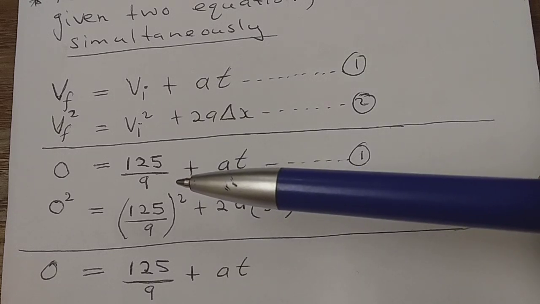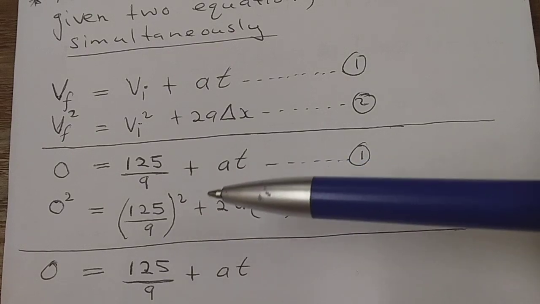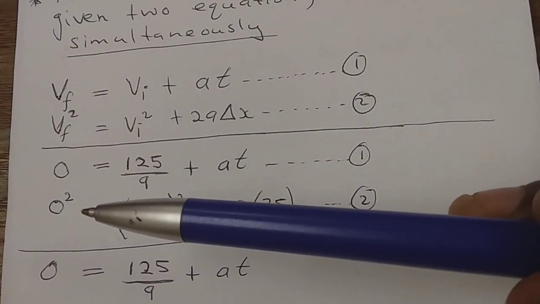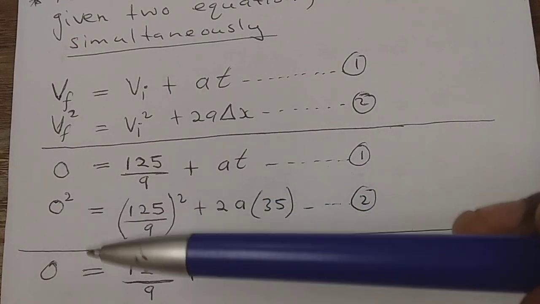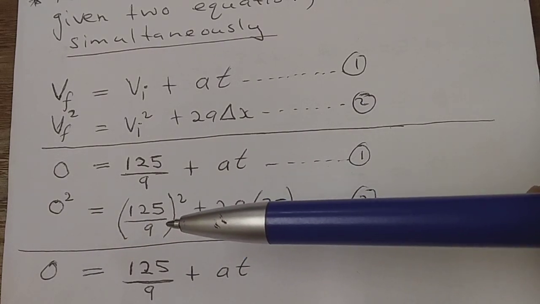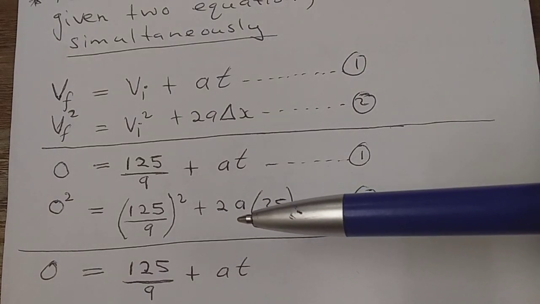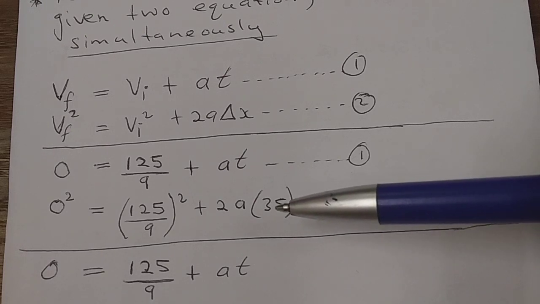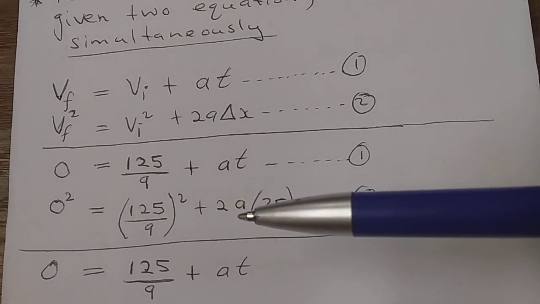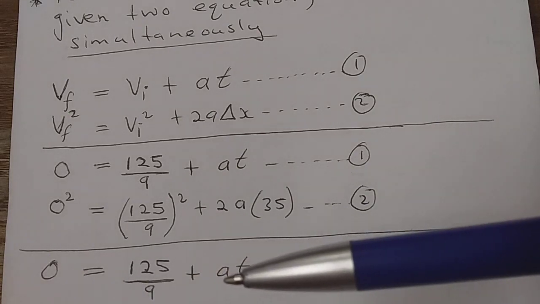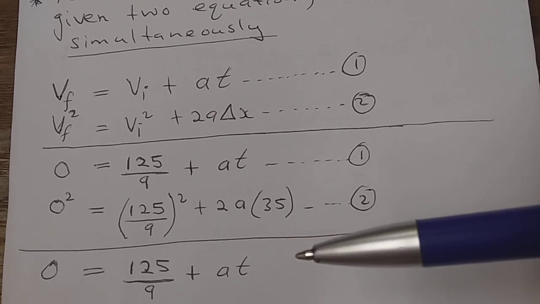So I plug in: 0 equals 125 over 9 plus at, and vf squared, which is 0, equals v initial squared plus 2a times the change in x, the displacement, which was 35 meters. If you multiply 35 times 2, and then 0 equals 125 over 9 plus at. So we are just solving the simultaneous equations.